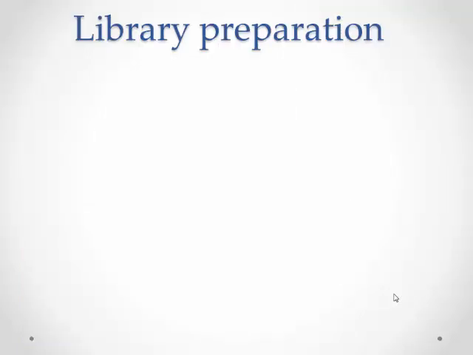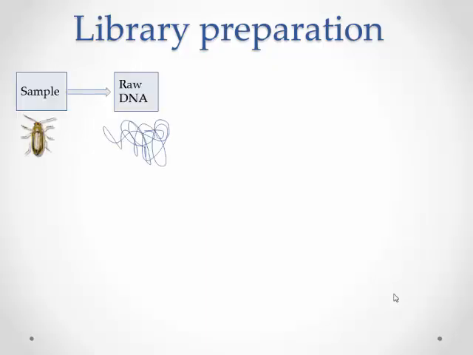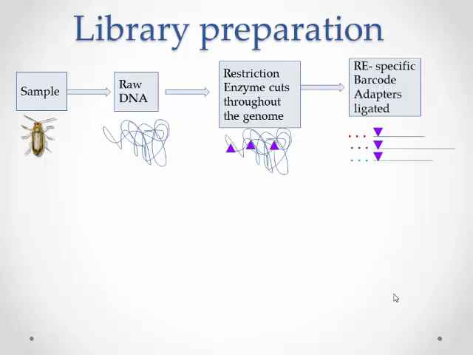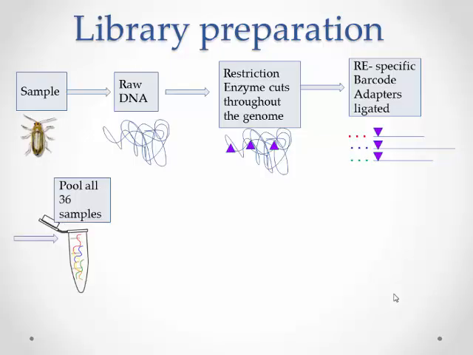Really briefly, I'm going to go over the library preparation so you understand what I mean by that. We take our samples, extract raw DNA, and then restriction enzyme cuts throughout the genome semi-uniformly. So you end up with lots of fragments, and then barcode adapters are ligated. So this is an individual barcode which allows us to pool all 36 samples, and this is where the cost dramatically drops.